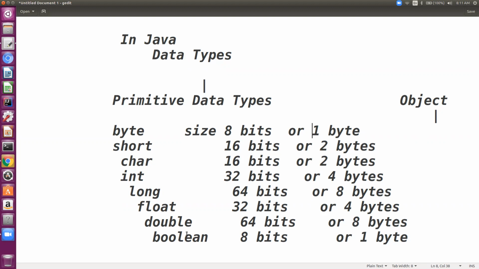For example, if you are being asked to devise a class, say some registry of a school or class, there will be a notion of roll numbers. So the roll numbers will be primitive data types, mostly int.